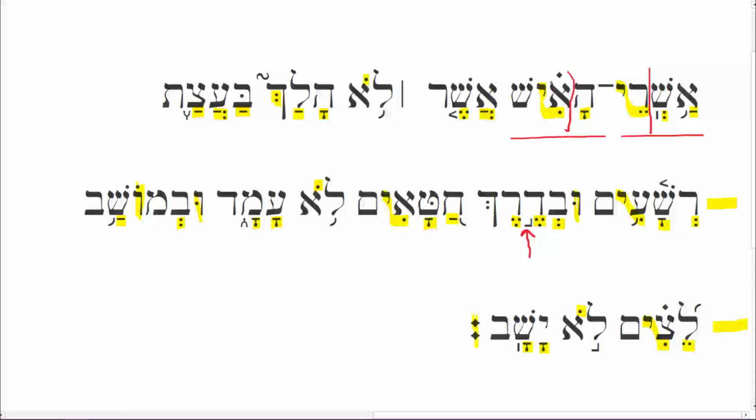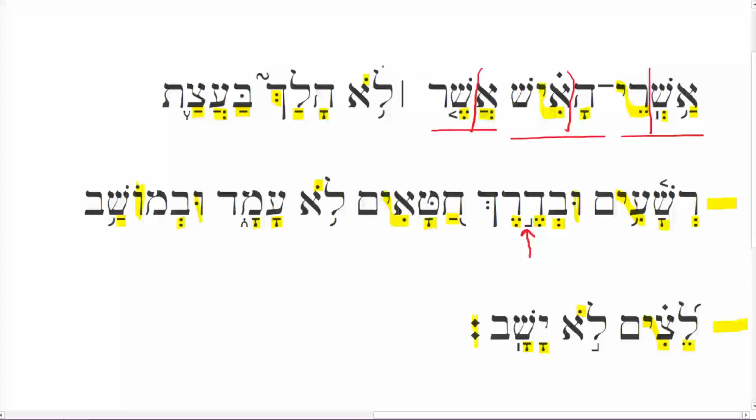The hirik is the vowel, and when we have consonant, vowel, consonant, that's a closed syllable by definition, just as the first syllable here is consonant, vowel, so that's an open syllable. Okay, let's come over here to asher. So we have the aleph and we have a reduced vowel, hataf patach. The next consonant has its own vowel, so we divide before it, and then sher is a closed syllable, but it ends the word. We don't need to do anything else.